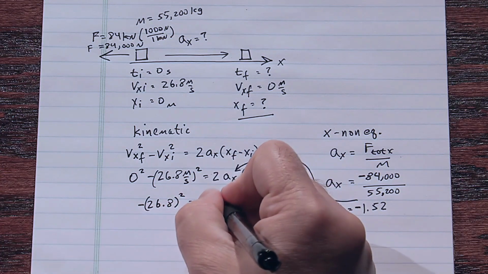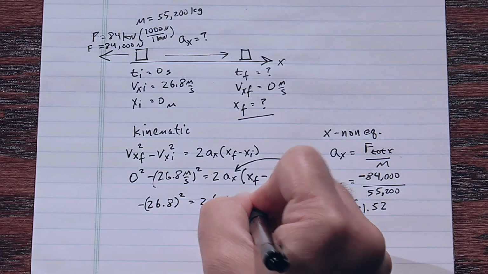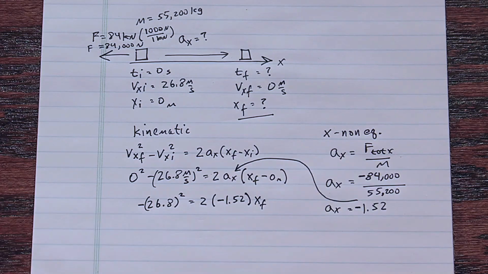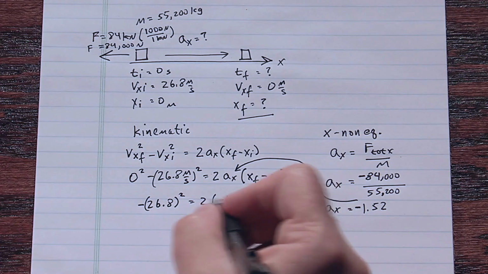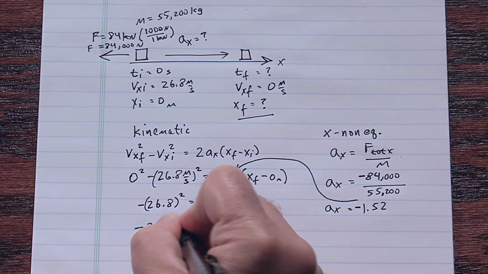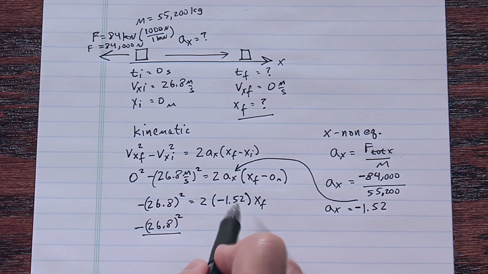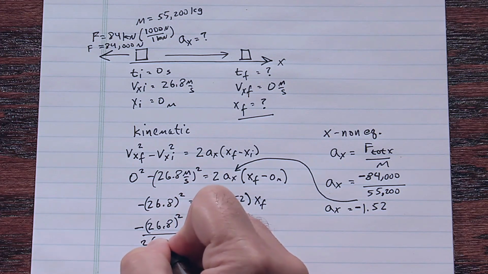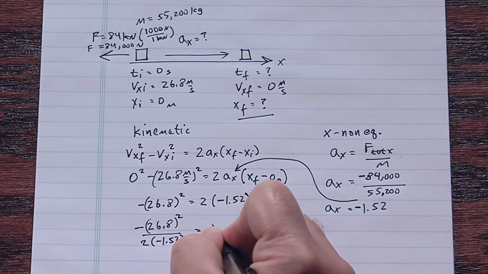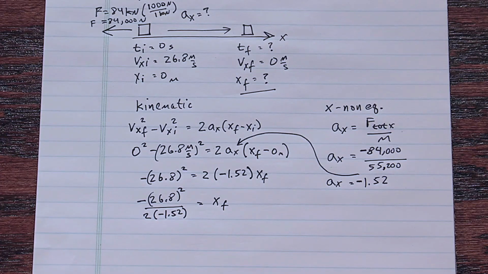Equals 2 times negative 1.52 meters per second squared for the acceleration times x final, or negative 26.8 squared, and I'm going to divide both sides by 2 times negative 1.52 equals x final. And let's see where the train stops.